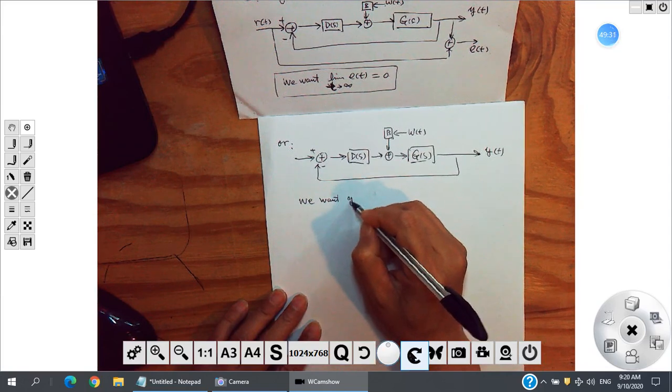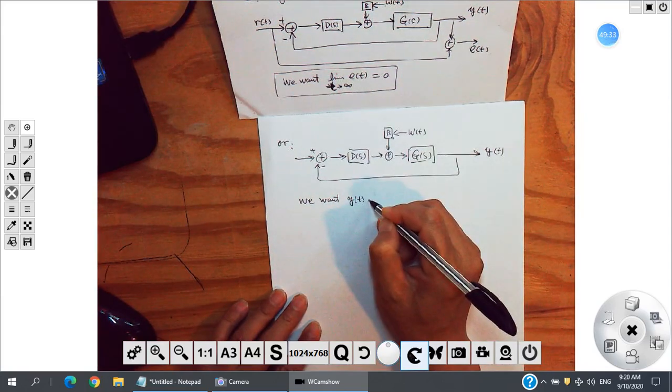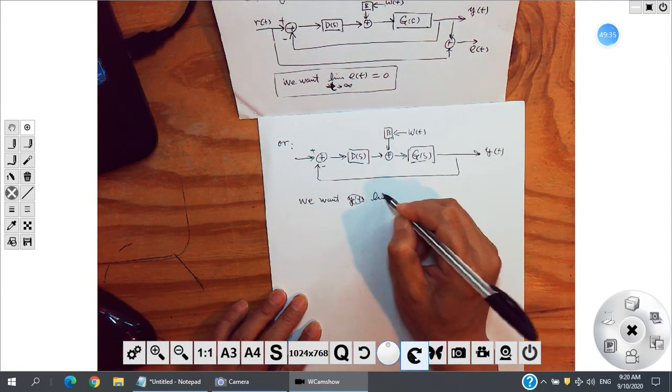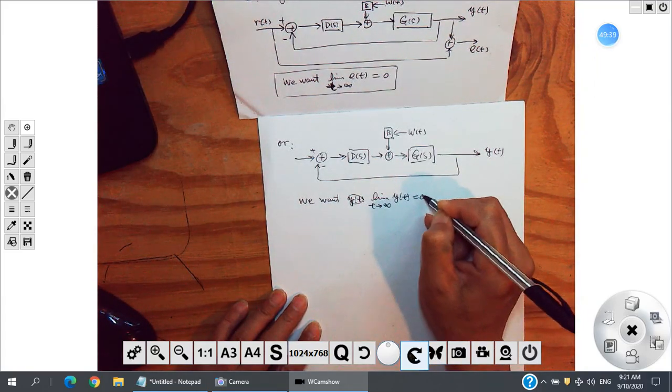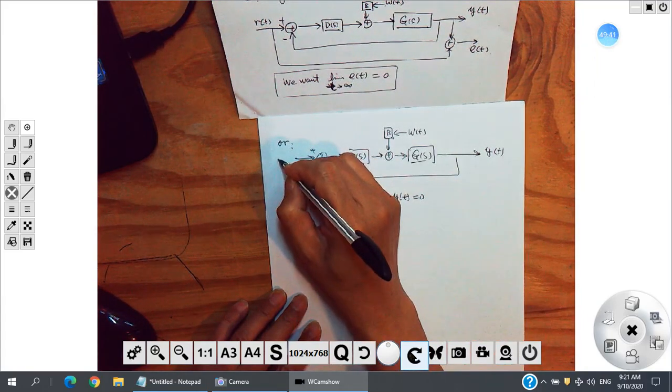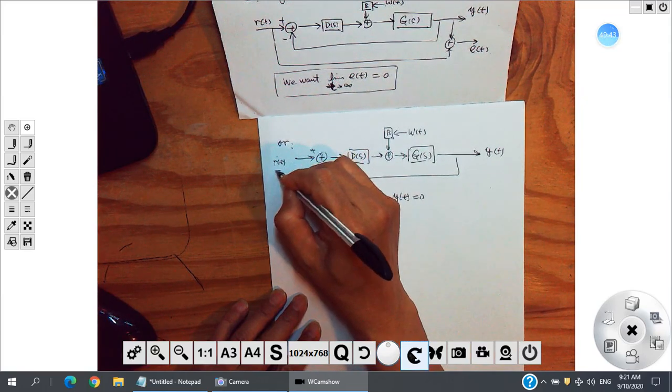We want Y tend to be 0, Y of t equal to 0. And here we suppose R is nothing, no input. R is 0. We want this.